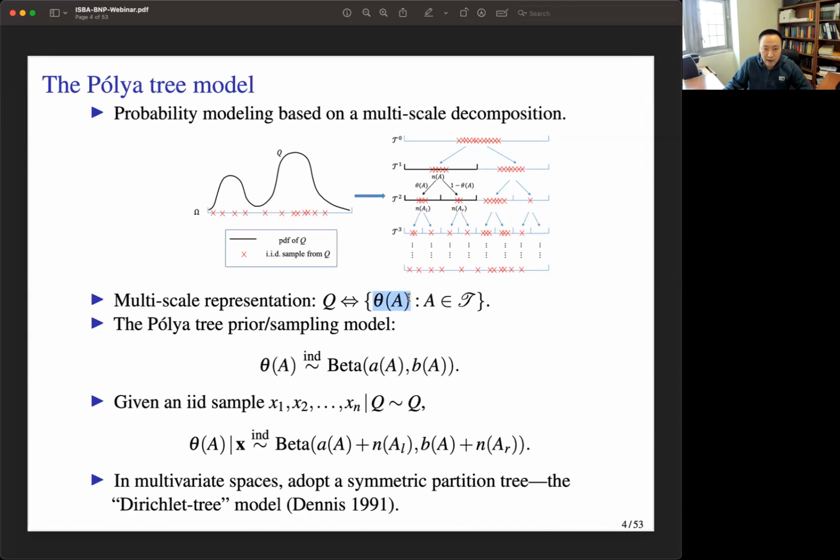Here I'm using theta of A to indicate the proportion of mass going to the left on the set A. And you keep going, specifying more and more details as you go deeper. Eventually, you're going to characterize the whole distribution.